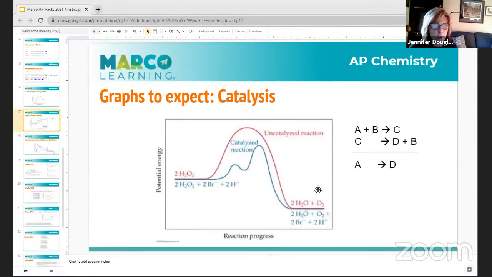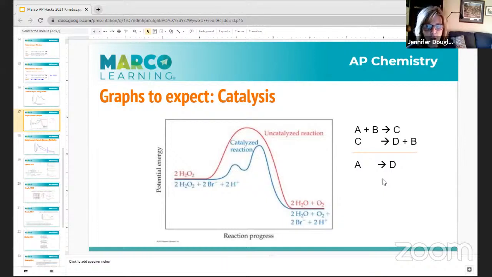The other thing they might ask you to do is they might have you sketch in the catalyzed reaction or something like that. So if they give you the one that's in red and they ask you to show the reaction of a catalyst, you don't have to show the two-step mechanism part of it, because they probably won't be asking you to do both of those at once.